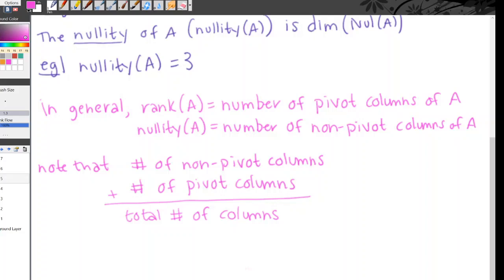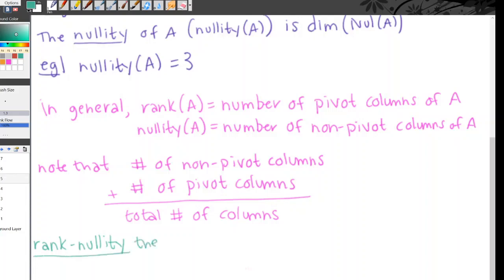The rank nullity theorem says that for any matrix A, the sum of the rank and the nullity is going to be the same as the total number of columns. I'll switch colors because this is an important theorem. In your book, they just call it the rank theorem because they don't use the word nullity.